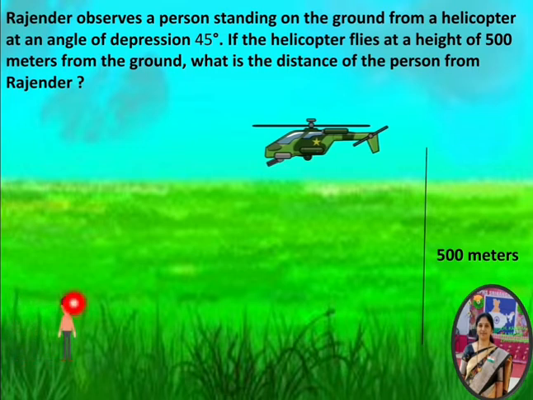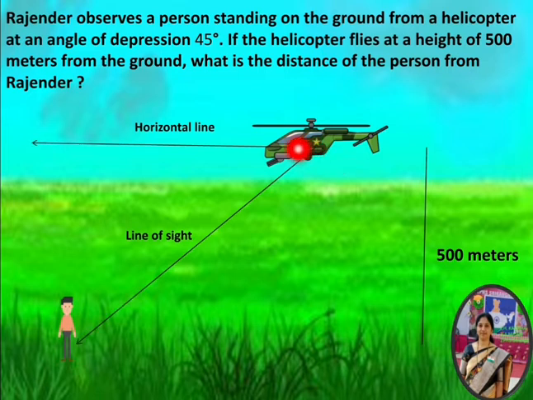Let's assume that he is the person. And Rajendra is observing this person at angle of depression 45 degrees. So here we can clearly say that Rajendra is at more height and the person is at lower height. So here we get angle of depression. So we can assume like this.